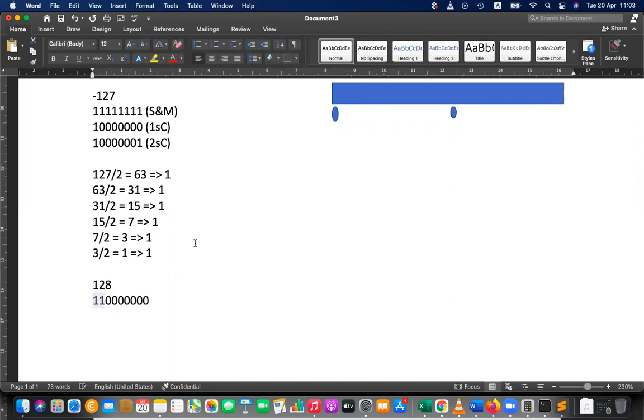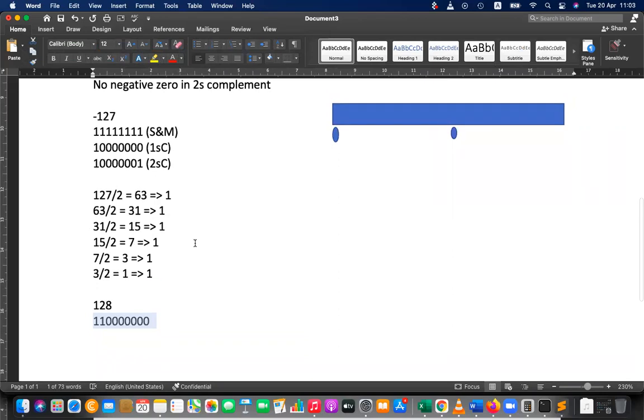You need 9 bits: 1, 2, 3, 4, 5, 6, 7, 8, 9. So you can't write 9 bits, no? Even if you take the negative value, you have to write 9 bits. This is in the second method. So you can't write that also.